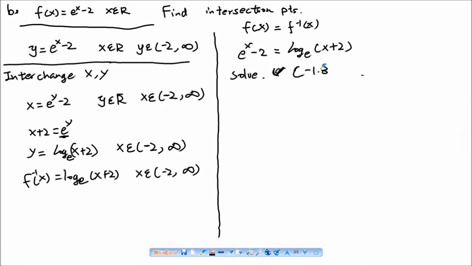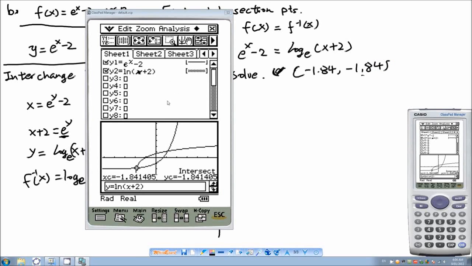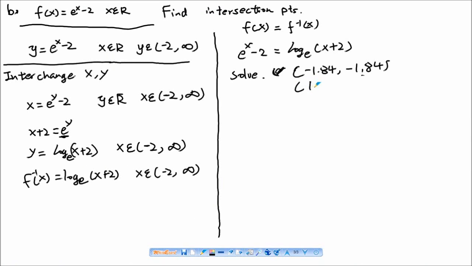For the other point, I need to use my keyboard, click on the right key, and it would give me the other intersect, which is positive 1.15. Okay, this is one way to do it.